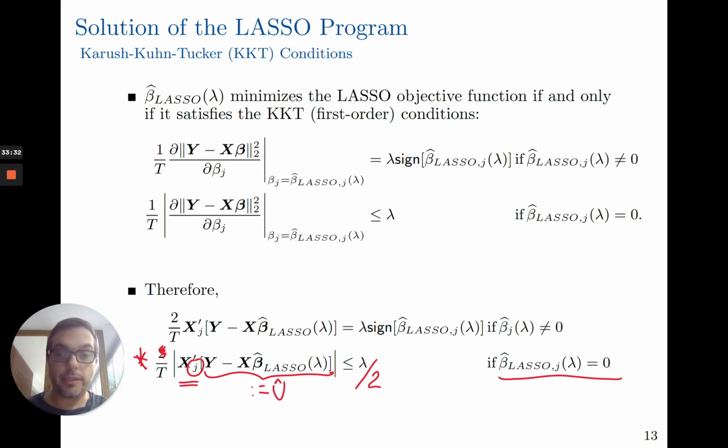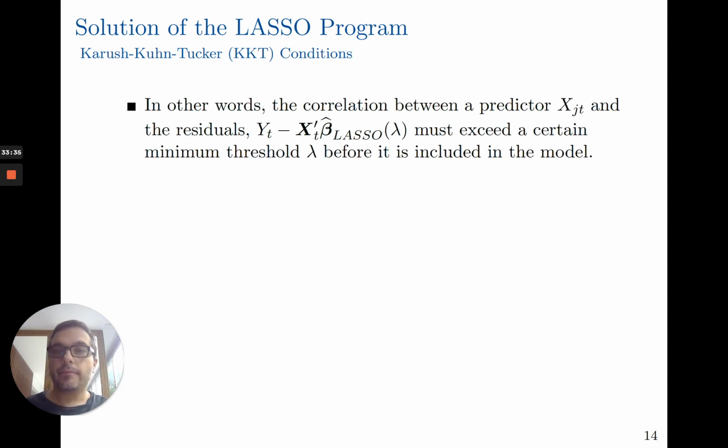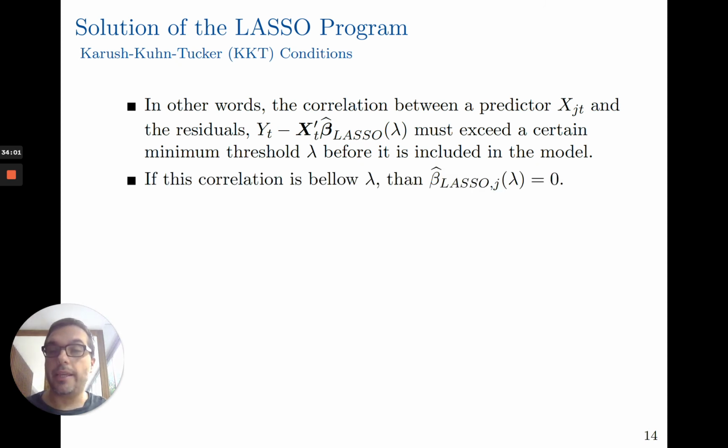So this is really important. As I mentioned, it's a covariance, but we can state the result in terms of correlation. The correlation between a predictor and the residuals must have a certain minimum threshold that's related to lambda before it's included in the model. That's basically what we are saying here. If this correlation is below a certain function of lambda, then beta hat lasso will be equal to 0.